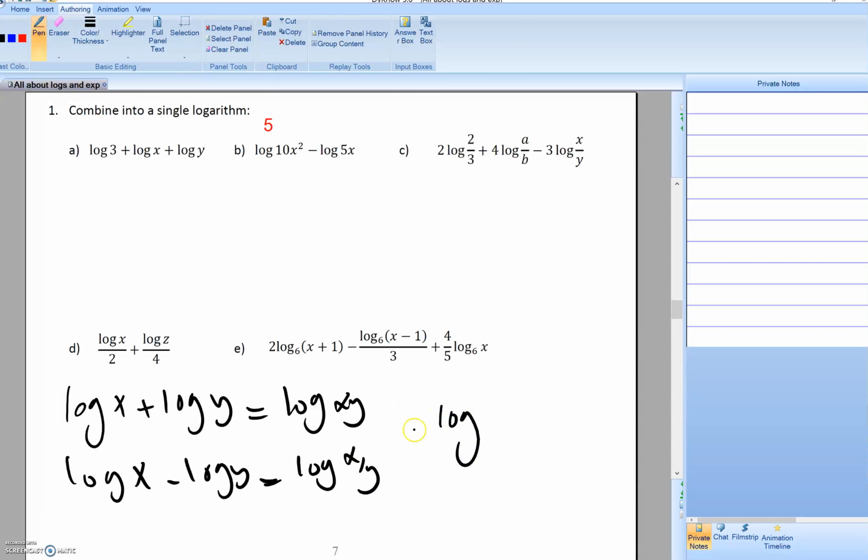I have something like r log x, I change it to log x power r. And as I continue, because of minus I divide, because of plus I multiply, because of a coefficient it goes to the power. So as I continue, at the end I just have one log. Okay, so now pause the video, do it, and compare with the lesson.